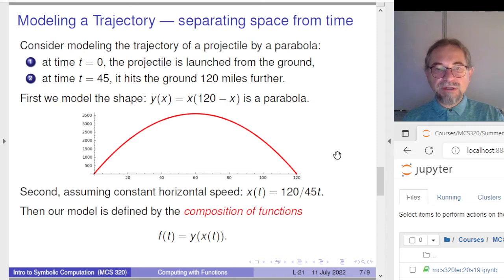At time equals 0, we have 0, so you should see this as a rational number, 120 over 45, multiplied by time t. So at time equals 0, we have 0. At time equals 45, we must have 120.